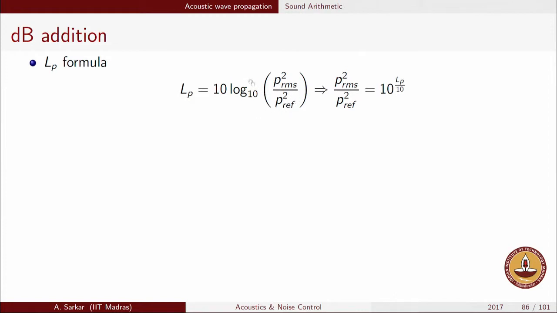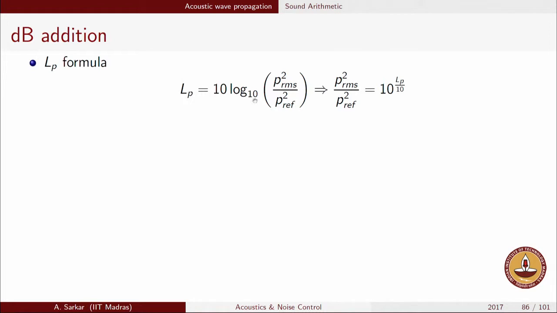So, this is the sound pressure level formula that we had seen even in the last class. So, we could turn this round and look at it in this form, that P RMS square by P reference square is going to be 10 to the power LP by 10.